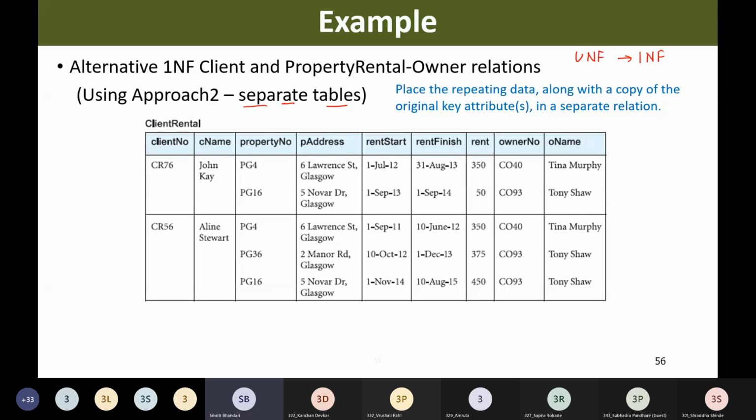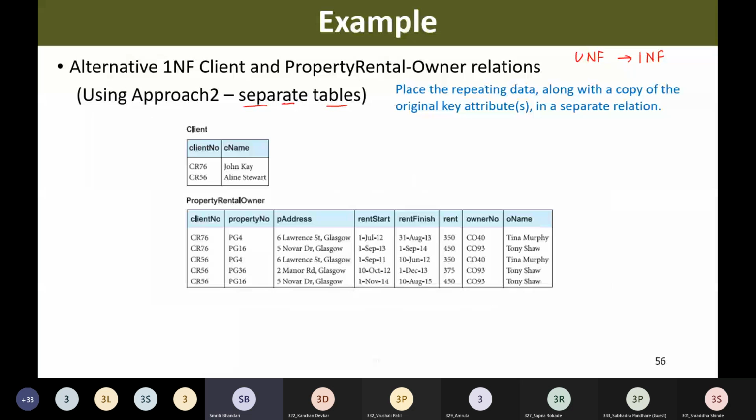So we are going to decompose this relation into two relations. In one relation, we'll place all those attributes for which we have repeating data. Also, we are going to add the key attribute into that relation. So, we will have these two separate tables now.